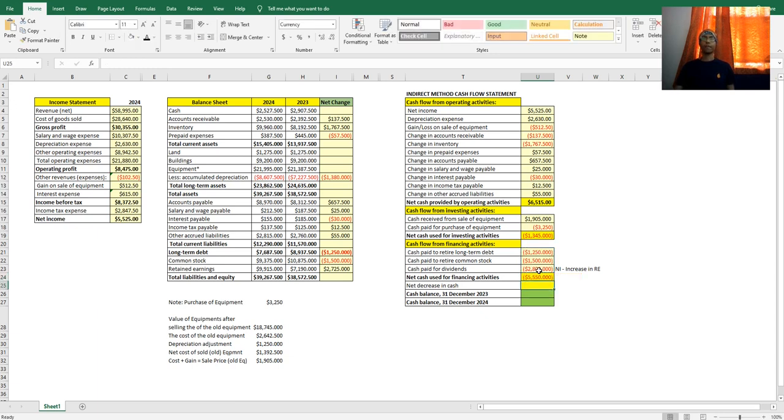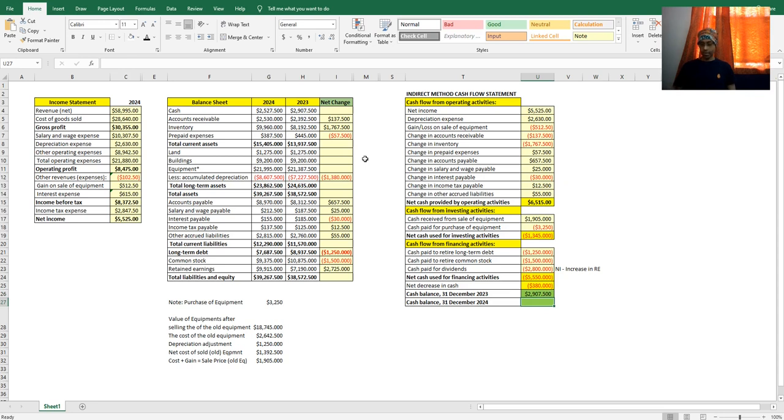5550 negative. Now net decrease in cash is equal to CFO plus net CFI plus net CFF, which is minus 380. There is a decrease in cash. Cash balance in 2023 is the beginning cash value.